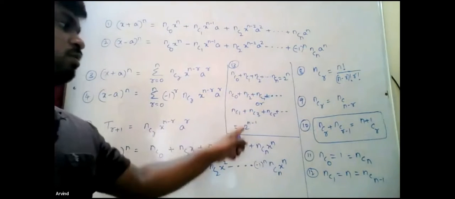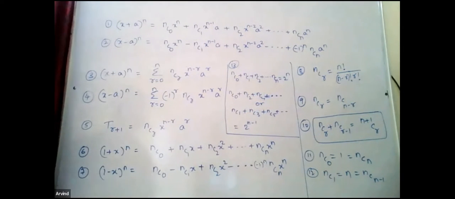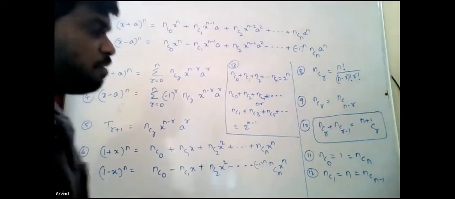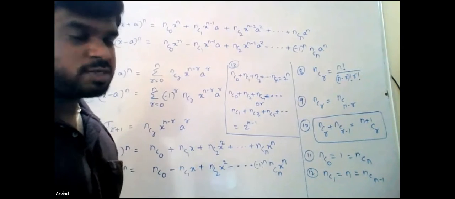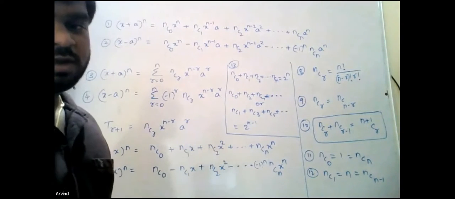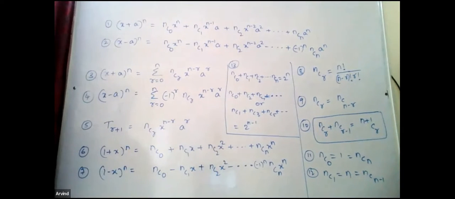Both are equal to 2 to the power n minus 1. So these many formulas are more than enough. From binomial theorem you will get 1 question for sure, at most 2 questions. So please take a screenshot.